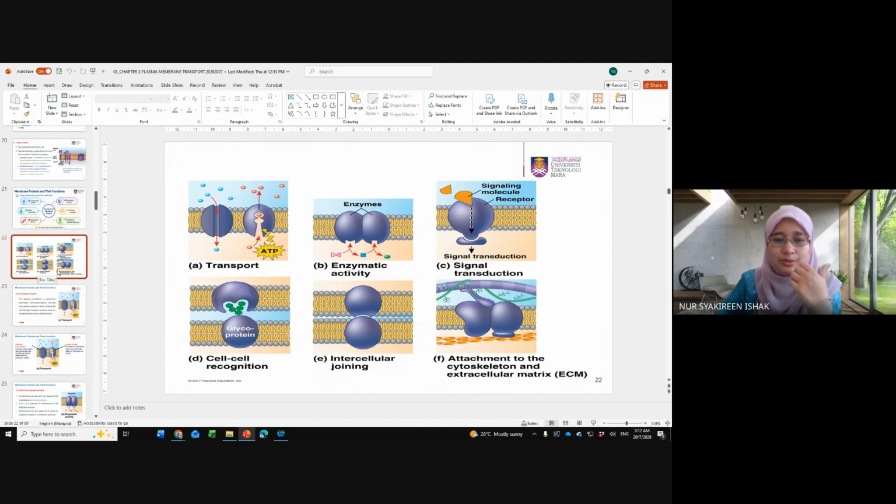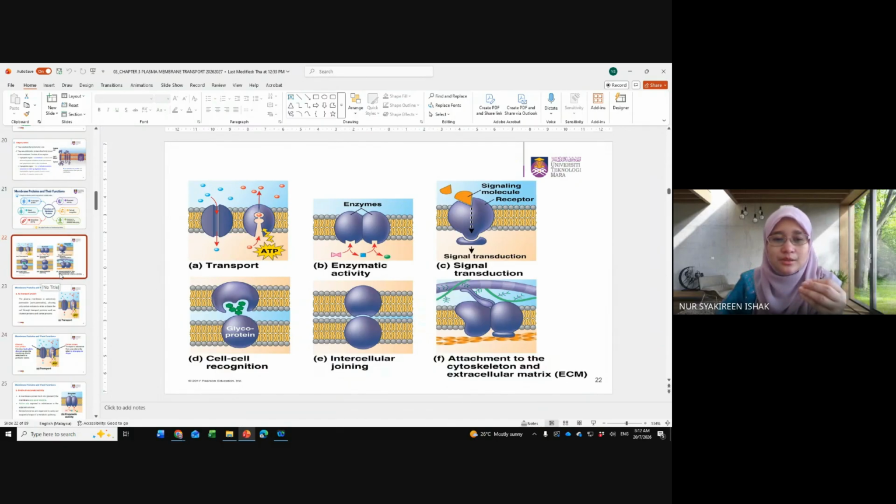Okay, so there are 2 types. We have the channel protein or pore protein, such as aquaporins, and then we have the carrier proteins. So carrier protein has a binding site to bind to the solutes. Okay, so every carrier or channel protein is specific for the solute that it is going to move.